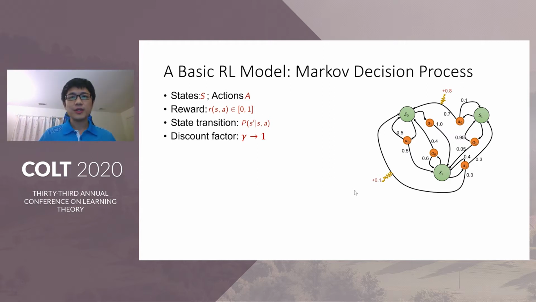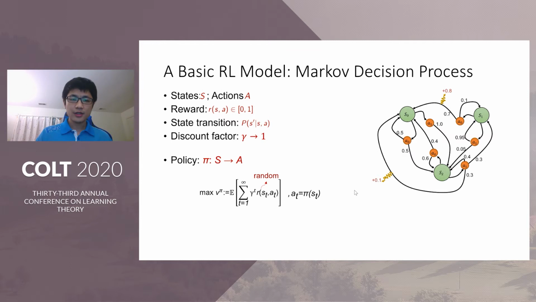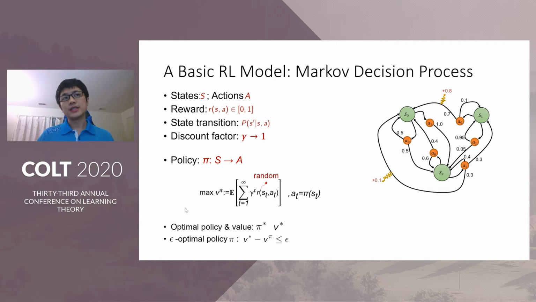The agent counts the reward based on a discount factor that is a number very close to 1. Our goal is to find a good policy, that is a function mapping states to actions. The value function is defined as usual. You play according to the policy, and the expected discounted reward is the value function of the policy. Our goal is to find a near optimal policy, that is, the value function of the policy is at most epsilon away from the optimal value function.